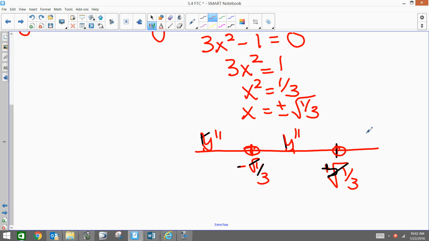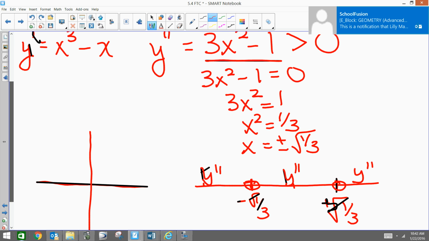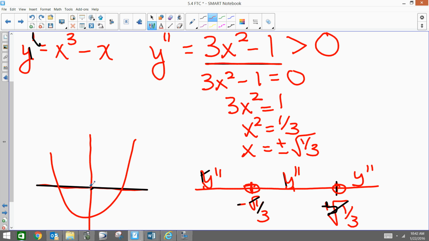Remember, I don't know what these values are, but I do know that this is going to give me something like this. I know 0's in the middle of it. So here's my radical 1/3. Here's my negative radical 1/3.